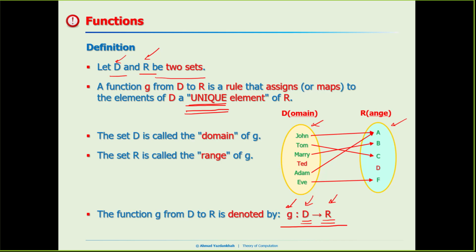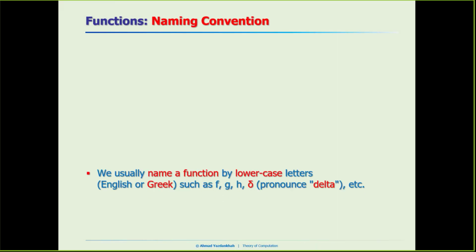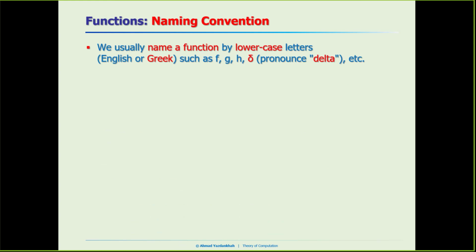How can we name this relationship or this function? We usually use the lowercase letters f, g, h, something like that, which are English letters. Or you can guess that in this course we will be using the Greek ones, and delta is the one that we will be using a lot.